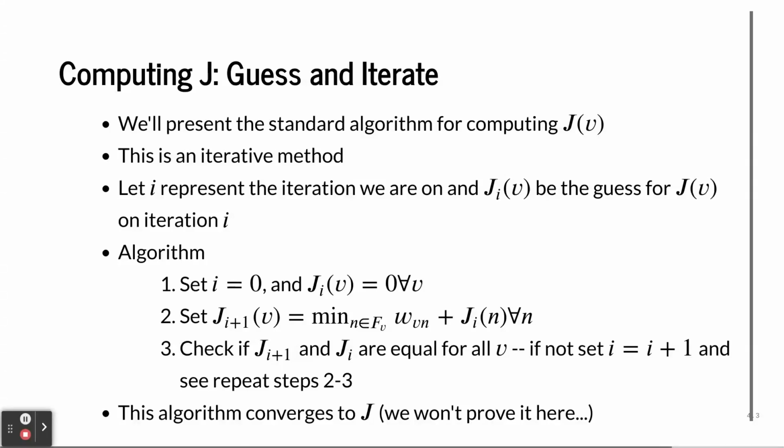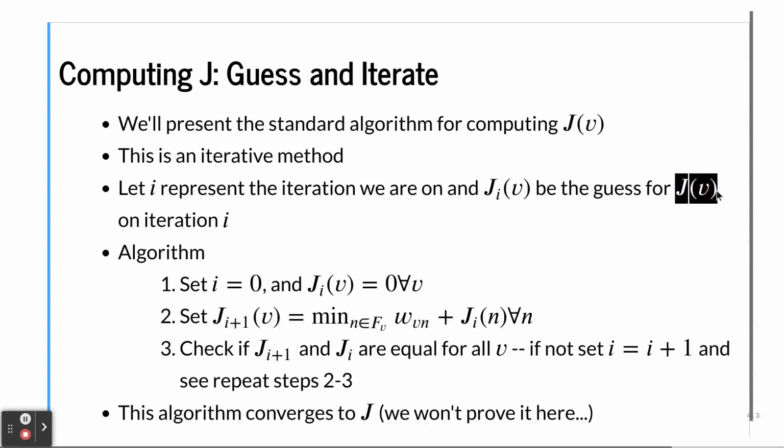Here's how it works. Let the lowercase i represent the iteration we are currently on, and J sub i is a function of our nodes that is the current guess for the cost to go function J. So this is just a bit of notation, and then the algorithm proceeds as follows.